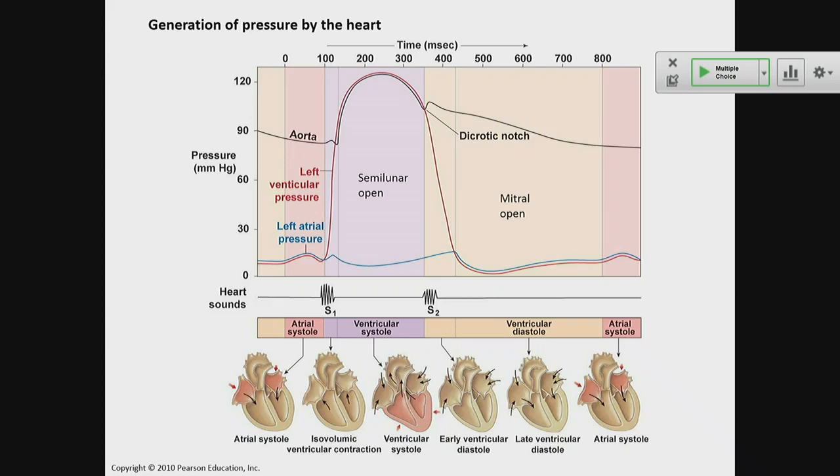So those remaining 65 milliliters remain the same along the entire way down, okay? Because now both valves are closed, the volume cannot change, so you need to have 65 during this phase here. So we have the end diastolic volume that's reached here, okay?